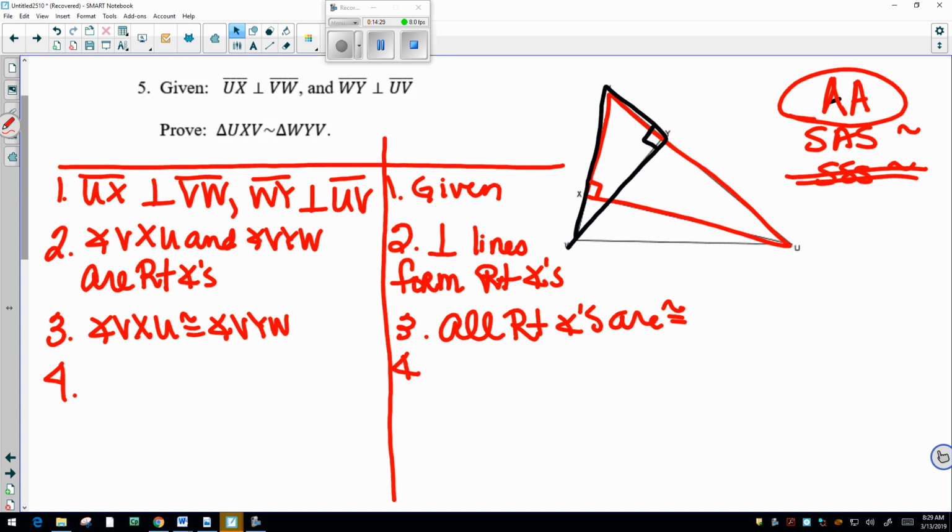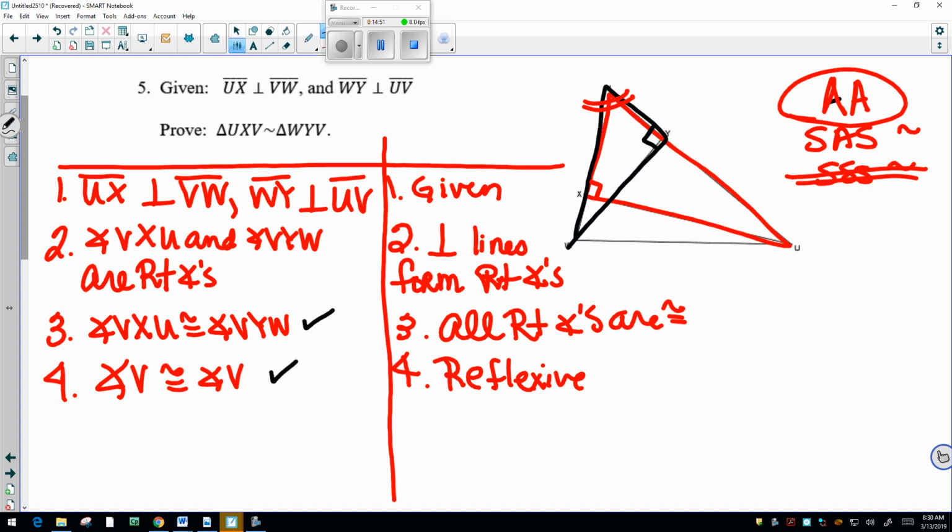And if I notice that my triangles are overlapping, I can see up on top, they both share that angle V. So I could say angle V is congruent to angle V by that reflexive property. And now we have two sets of angles congruent.